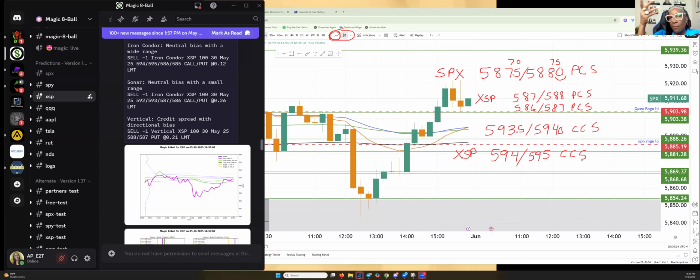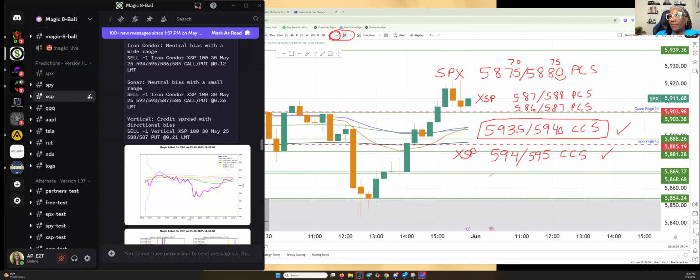That's how I come up with the number. I'm looking at SPX as the guide, and I'm taking that and translating it to XSP. So I figure if the 59.35, 59.40 trade holds for SPX, if this trade is profitable for SPX, then the 594, 595 is going to be good for XSP.